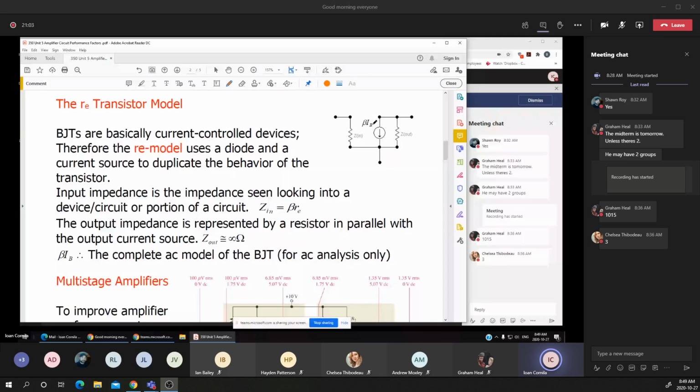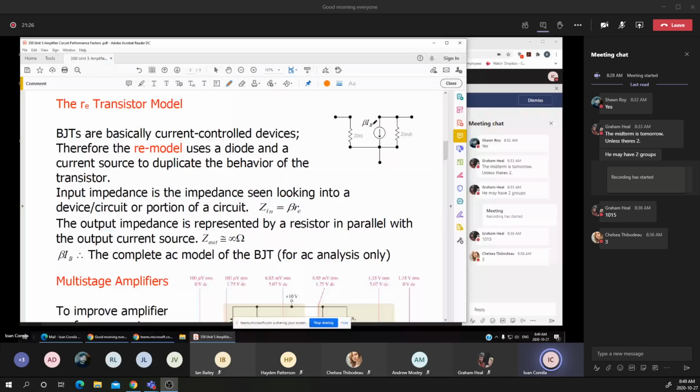Remember that by definition, a transistor is a three-terminal device that is controlled by a current, or is a current control device. Remember that, because on Friday, when I talk about the FETs, we'll see the difference between BJT and FET. Remember that a BJT is a current control device.